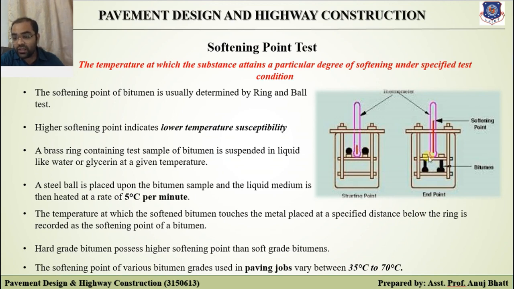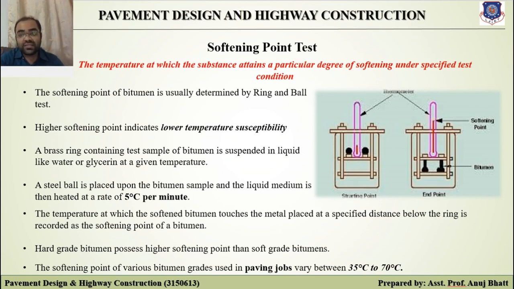When you increase the temperature, the bitumen melts because of the warm water, as well as the bitumen itself getting heated. At the moment this steel ball touches the plate below, that temperature is to be measured, and that would be the softening point of the bitumen.